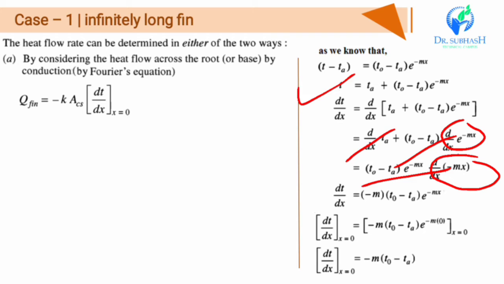So finally we get dT by dx is equal to minus m (T0 minus Ta) e^(-mx).